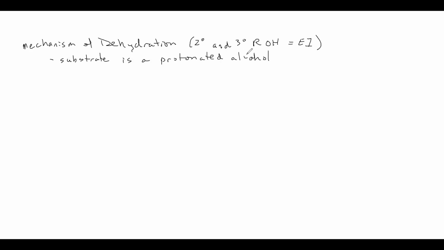Okay, so previously we've really been focused on alkyl halides, right, as substrates, where our leaving group is the halide. In this case, where we're starting with alcohols, before we are able to do these eliminations, we first have to convert that alcohol into the protonated alcohol.